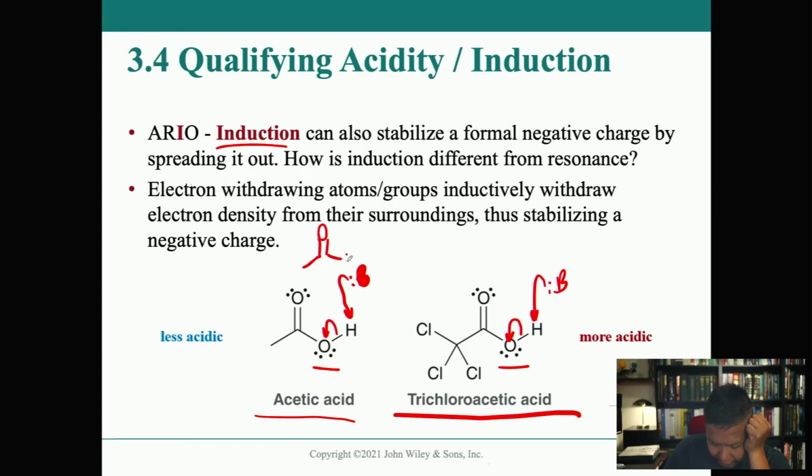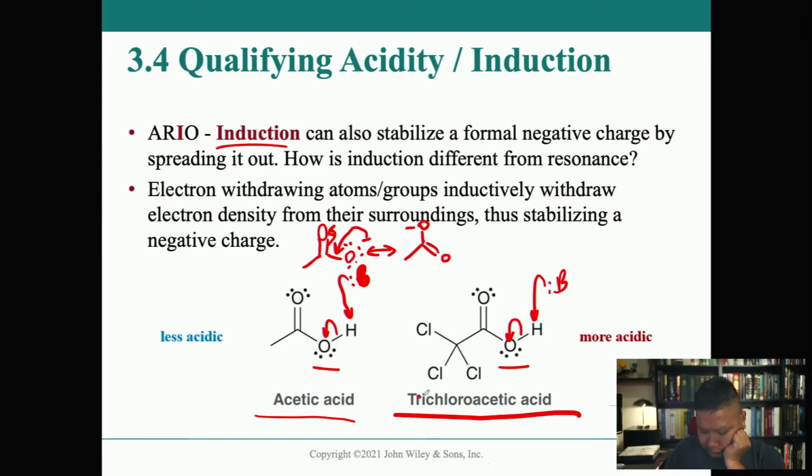I'll have this guy to begin with, after the base pulls off the proton, comes down, makes a double bond there, breaks this single bond, and then the electrons go up to the oxygen. And I get the oxyanion up there. And then the carbonyl down there now.